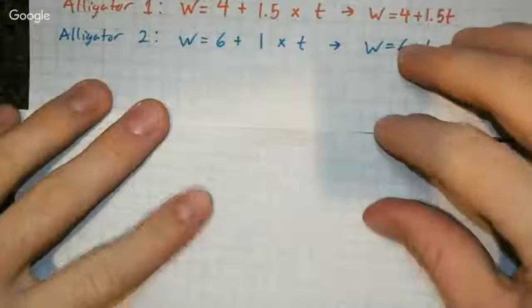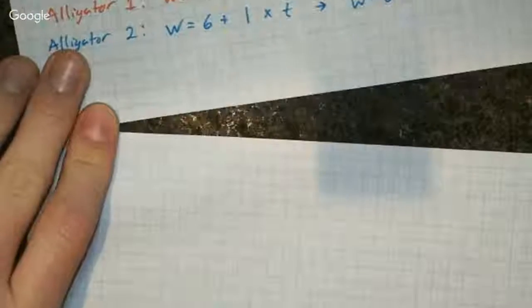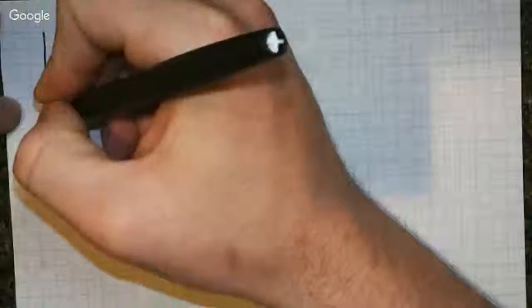Okay. What I'm going to need to draw out is a graph. They said that the weight starts at 4 and 6, so I'm going to need to go pretty high on the weight. And the time means how many months. So on one side, I'm going to need the weight.